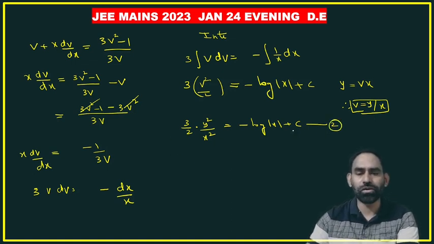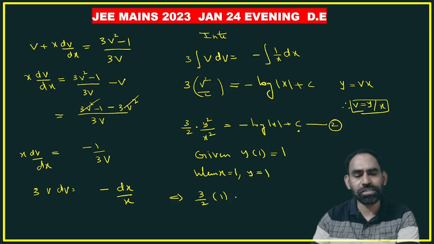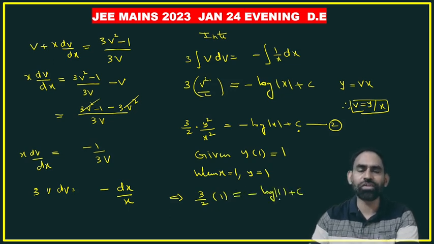Now we have to find the integral constant c. Already given y of 1 equals 1, which means when x equals 1, y value is 1. Substitute x equals 1, y equals 1. That means 3 by 2 into 1 equals minus log 1 plus c. Log 1 value is 0. That's why c value is 3 by 2.